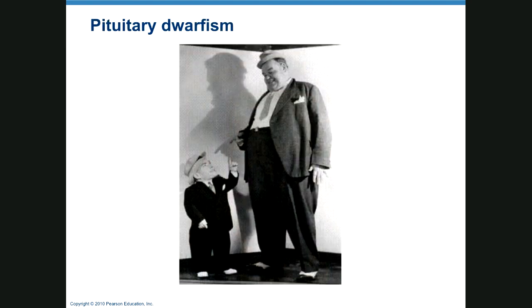Okay, this is a pituitary dwarf here, and the term dwarf is politically correct, but pituitary little personism doesn't really ring true. Now, this is one of the main reasons we need to take children for well baby checks.